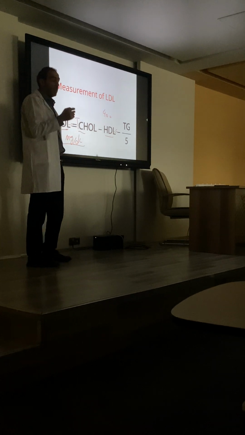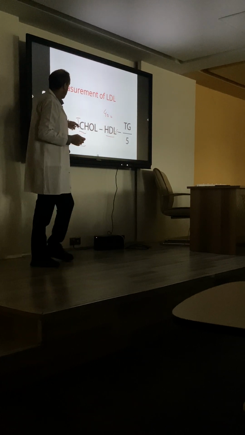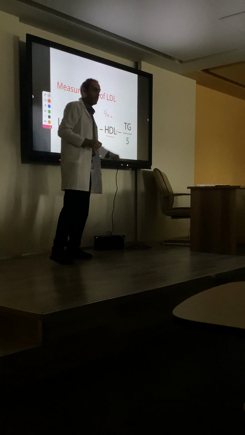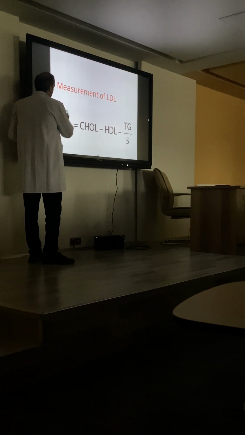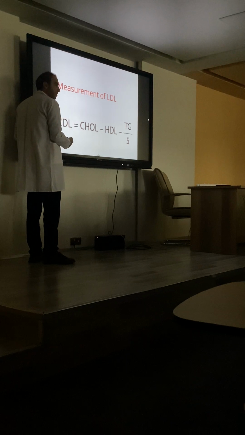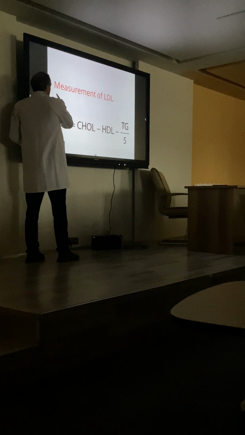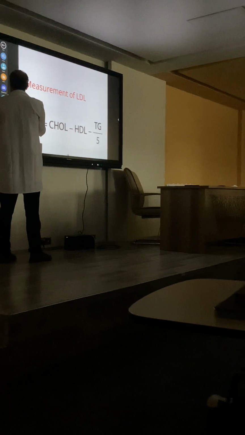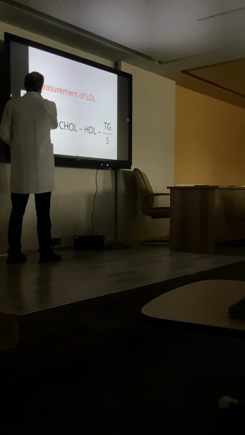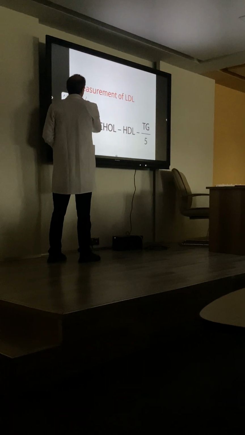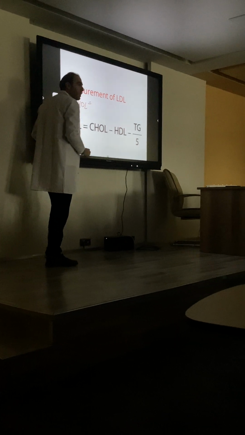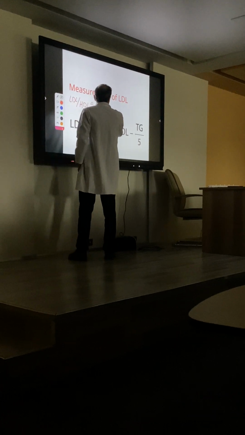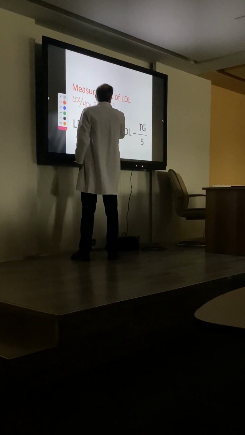Right now you have the concentration of LDL, total cholesterol, HDL, and TG. Finally, at the end of the session, you divide the concentration of LDL by the HDL, and it gives you a number. If it is less than 3, normal.